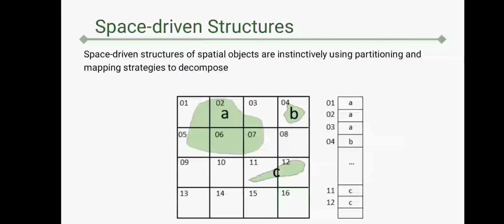Space driven structure: whatever structure we see from above, drawn like our India map, the country globe. Whatever area it is defined, that area will be defined with India, USA, China, Pakistan, Afghanistan, Sri Lanka, different areas. This green spot as you see in it, these are the space driven structure.